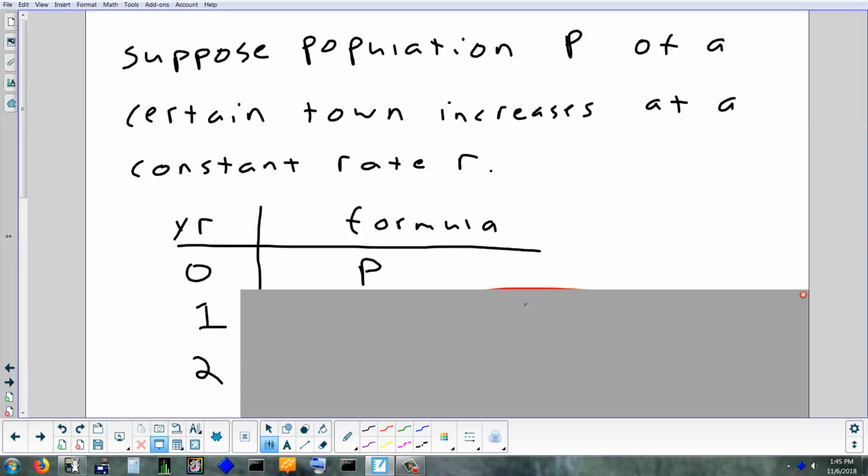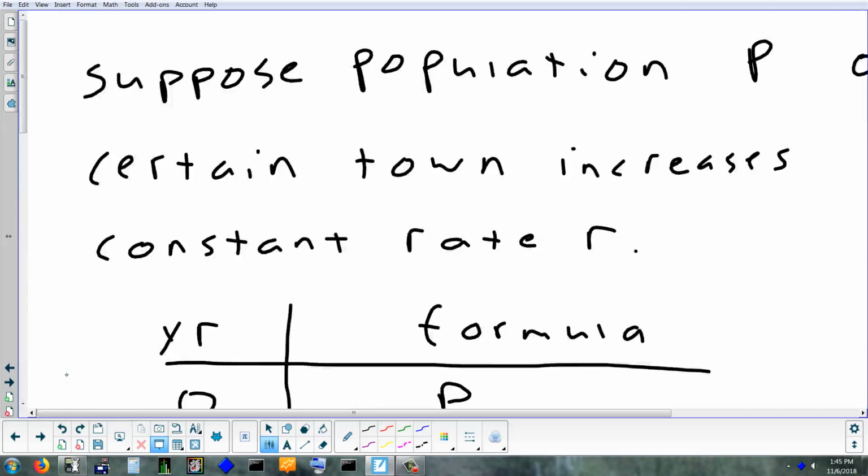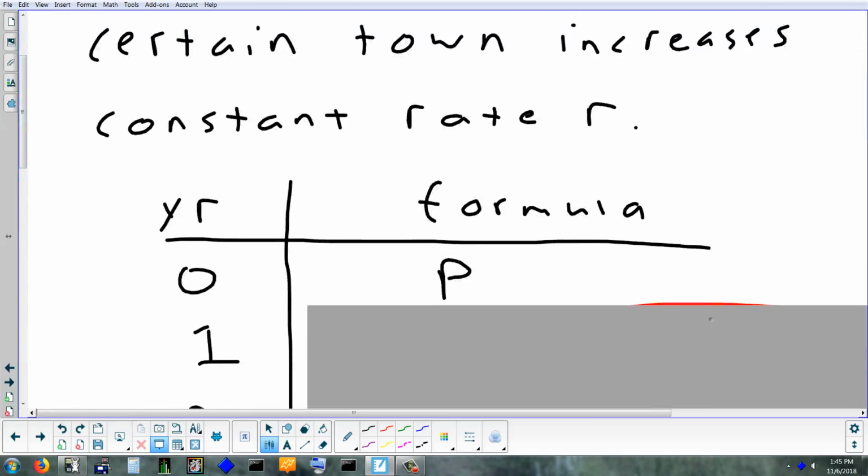Yeah, you would have to add what you had to start with, which was, let me make this a little bigger. You still have P people, but now you have to add the growth. So it's what you had plus the growth every year.